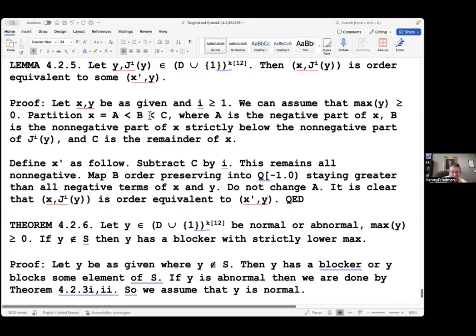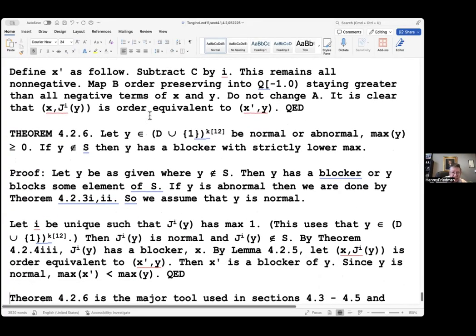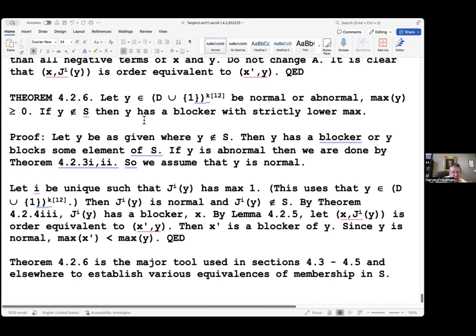We get some x prime y. Then x prime is a blocker of y because the blocker relation is order invariant, right? Since y is normal, we also have this because when you block a normal thing, you have lower max.